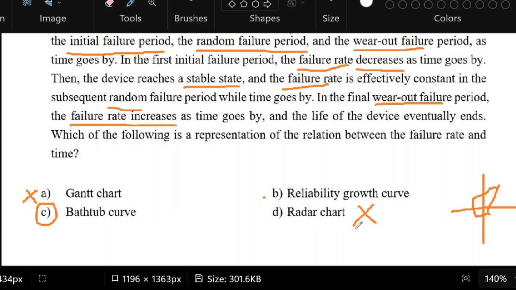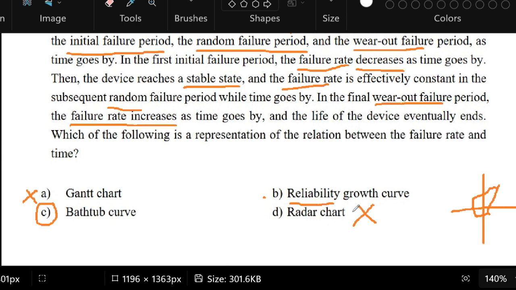And so we're left with letter B or letter C. I answered letter B because I thought the bathtub curve was kind of a joke choice. But the reason why I chose this also is because it looks like it's about reliability. If you have a lot of failures, then it doesn't seem to be reliable.